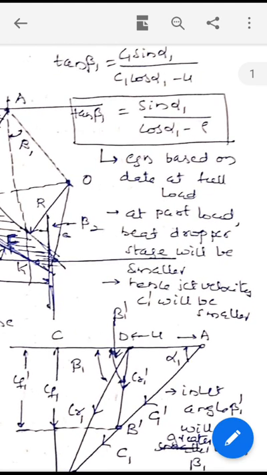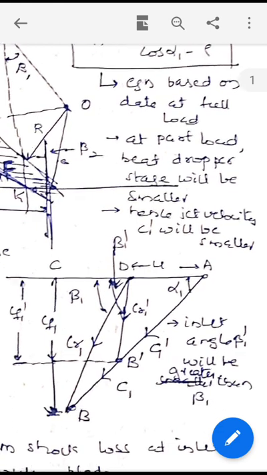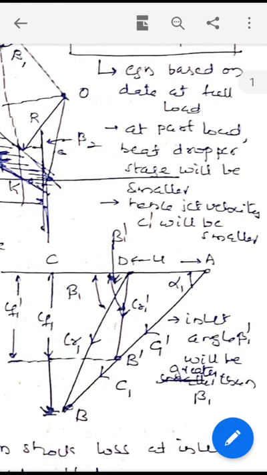So when the turbine operates at part load, the heat drop will be less. Therefore, the value of C1, the velocity of the jet of steam, will be C1 dash, less than the C1. So also is the relative velocity. It will be CR1 dash, less than the CR1.